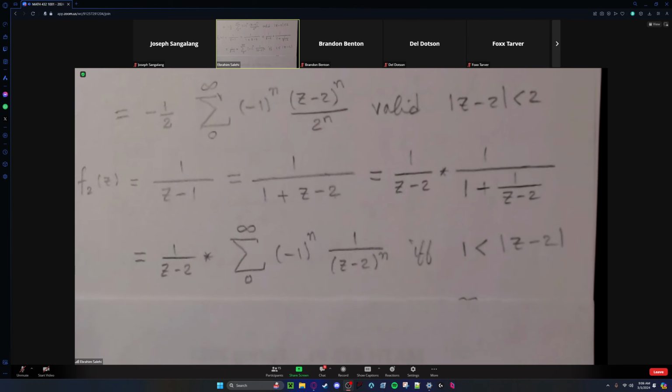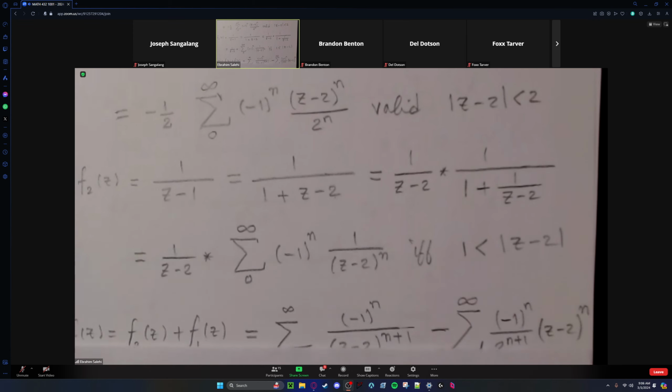So here's how we are using the shortcuts. Using geometric series basically means we are using the shortcut. Good. So here is the second part of the function.